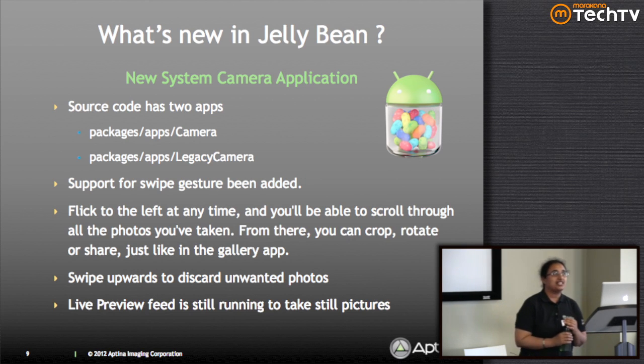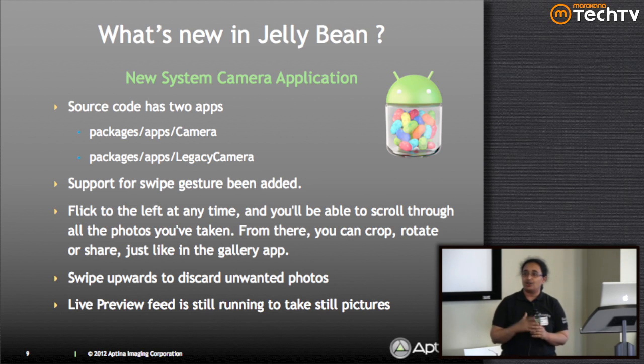The most interesting part for Jellybean was that there is a new system camera application. So now if you look at the Jellybean source code under packages apps, it has the legacy camera and it has the new camera app. And the major difference is the support for gestures, which even iOS 5 is talking about.